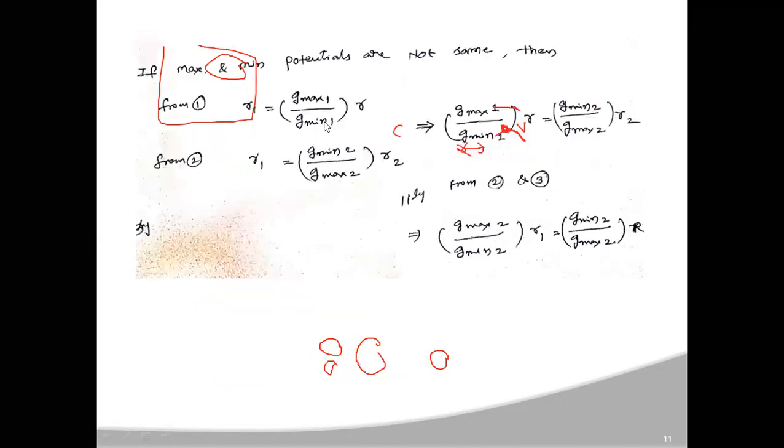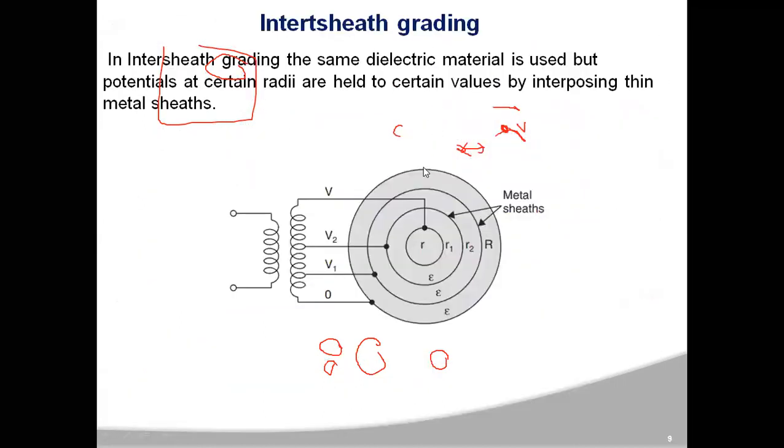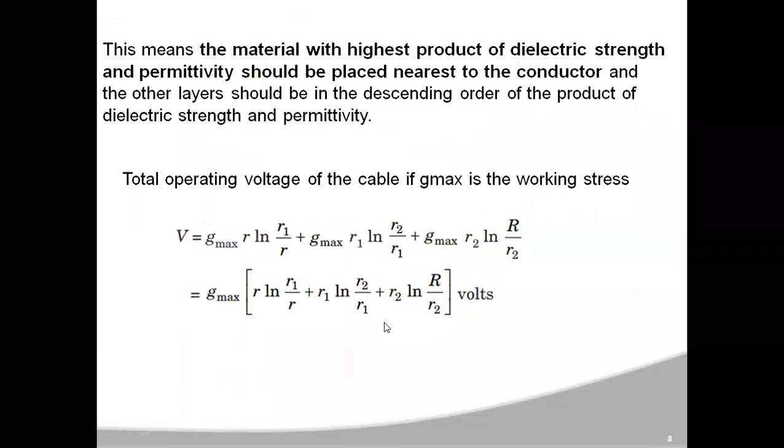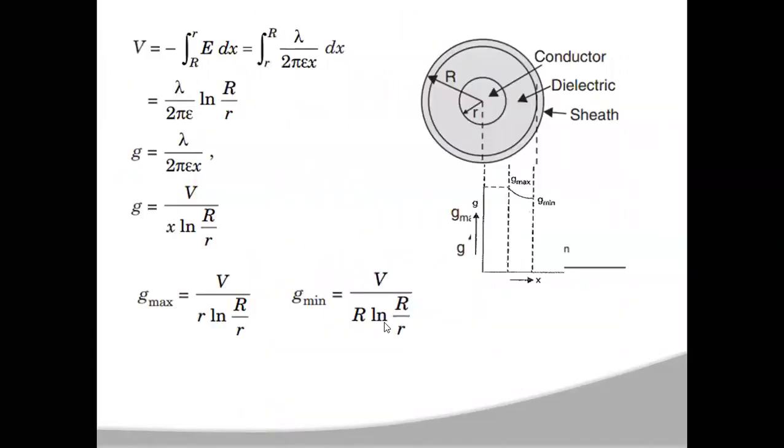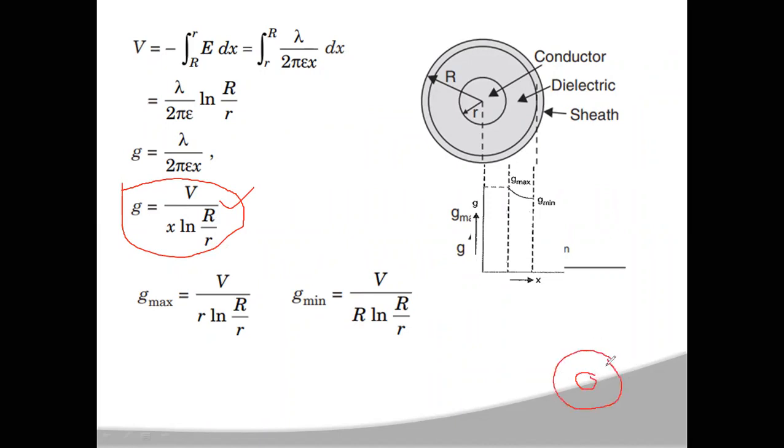In the first slide we came with one expression, G equal to V by x into ln R by r. If you have one conductor and one layer only, then the potential gradient G value can be written as V by x into ln.